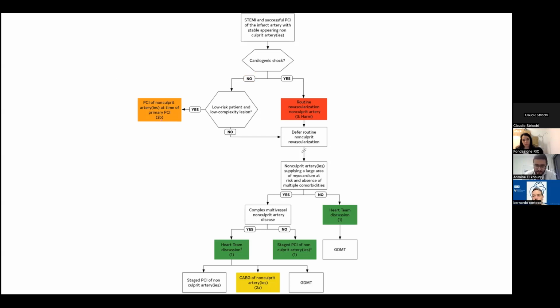But as you can see, it's only class 2 level of recommendation B, so it's not very recommended to do this. It's better to do it, as we said in the 3 cases, in a planned procedure. So just stent the initial vessel causing the MI, and then after that, do the rest of the vessels at a different time. This was the idea of these guidelines, to do complete revascularization.